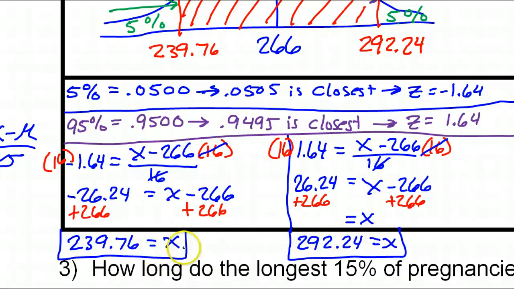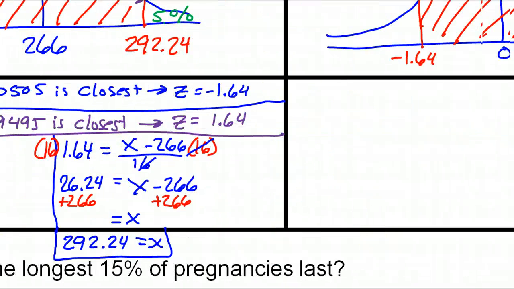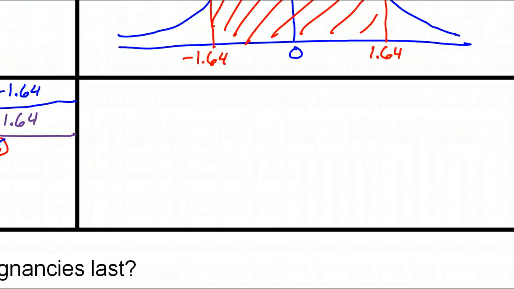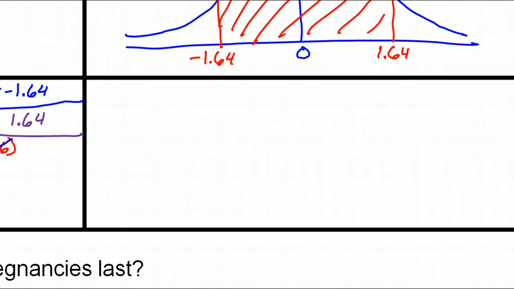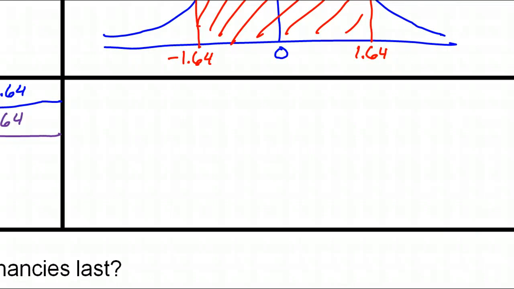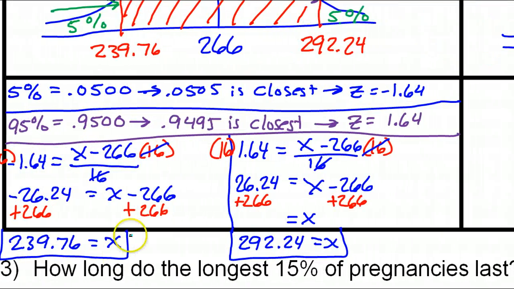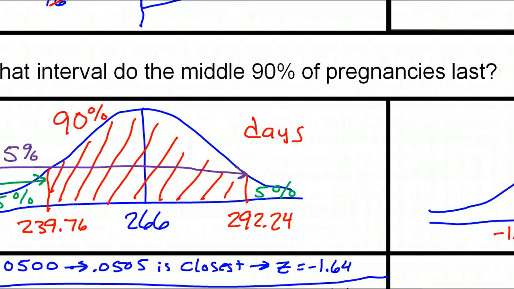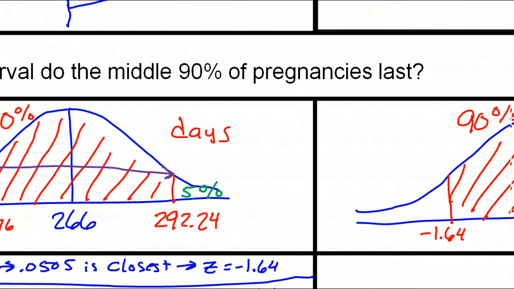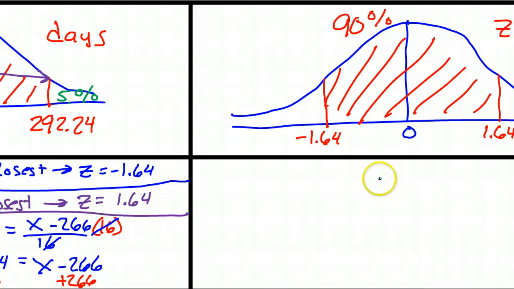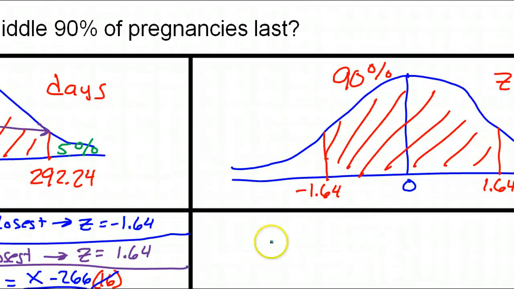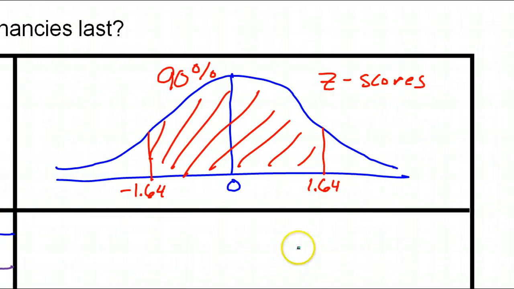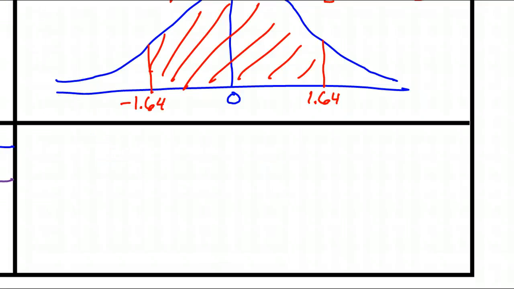So these will give us the answer to the question. Okay, so the question was, what interval represents the middle 90% of pregnancy length? Just rewording the question as my answer, it will sound something like this.